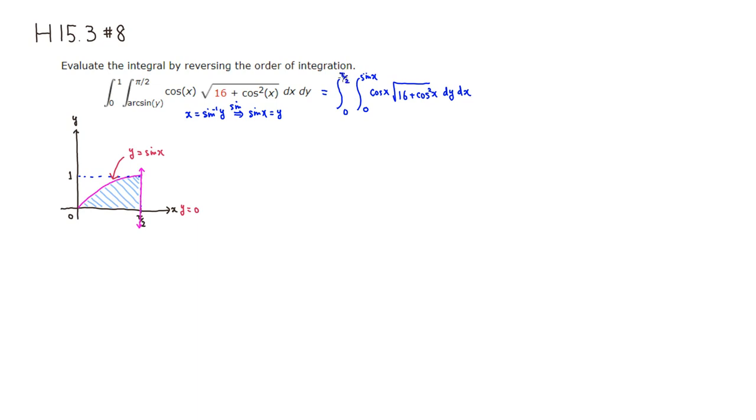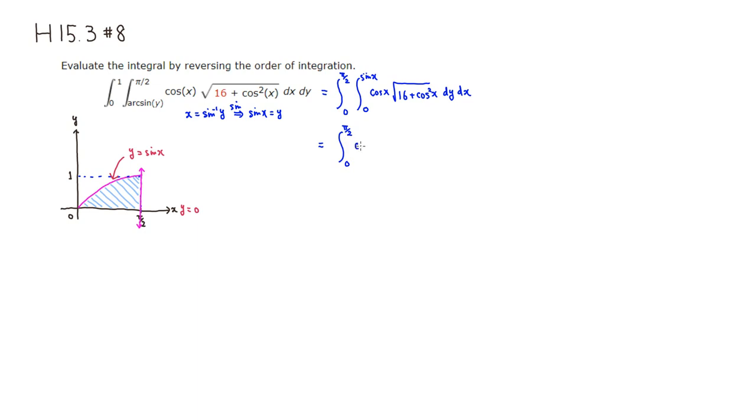So let's evaluate this integral. Before we do the substitution, since this is with respect to y, these factors have nothing to do with y, so they're constants. I'm going to pull them out of the inside integral.